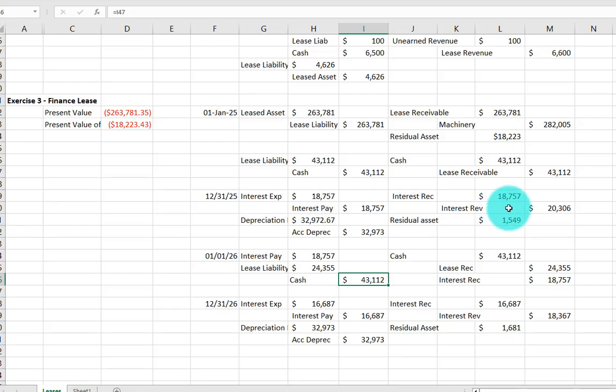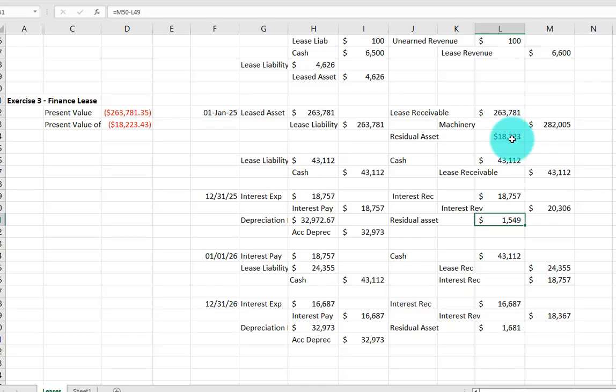And the difference on the other side is we're worried about the interest receivable, which is calculated on both the receivable and the residual asset. So in that way, the interest payable is what is going to be paid by the company, and this is what is going to be received, but we also have to get this residual asset that's going to grow as we get closer to the end.